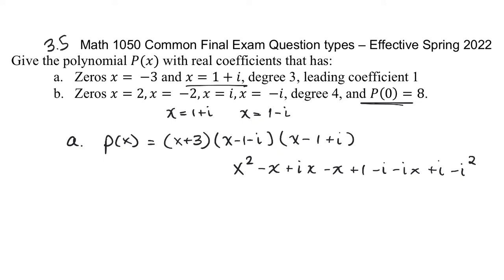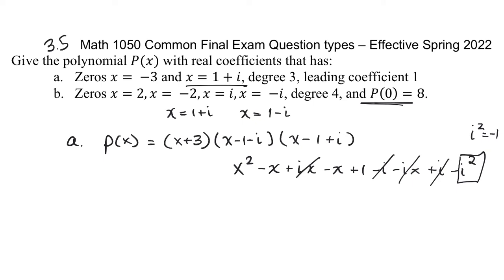If you have not made any arithmetic errors at this point, any term that has an i should cancel out. If that doesn't happen, then there's been an arithmetic error somewhere. Negative i squared also should cancel, but not because it cancels with another term. i squared equals negative 1, so you've got to be careful.